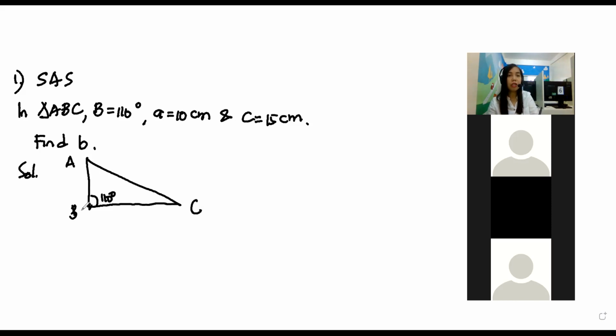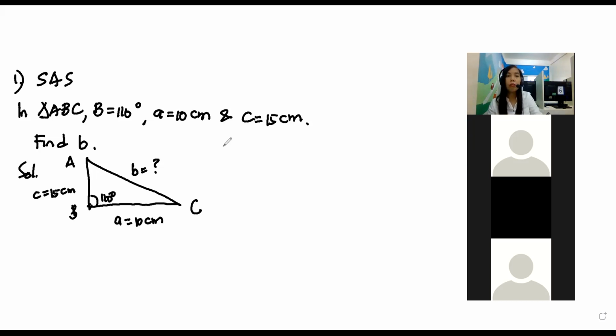Given triangle ABC, angle B is 110 degrees. The opposite of angle A is side a, which is 10 centimeters, and side c is 15 centimeters. So we have side, angle, side, whereas we want to find side b.